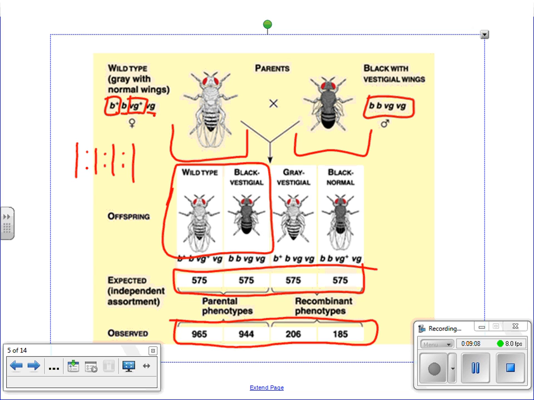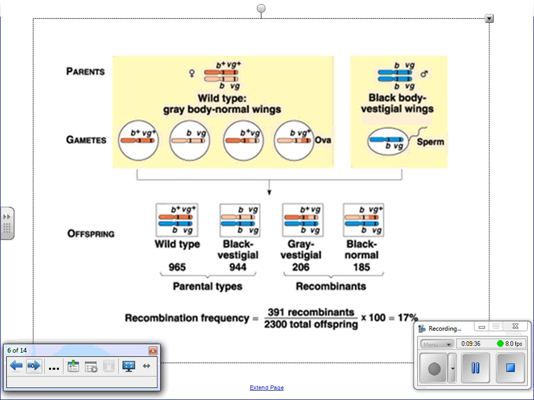And there were a lot fewer of the recombinant flies, or the flies that had mixed traits, so ones that had vestigial wings and gray body, or the other way around. And they figured out that that was because the law of independent assortment didn't always hold true for genes on the same chromosome. It turns out that both of these genes were located on the same chromosome.